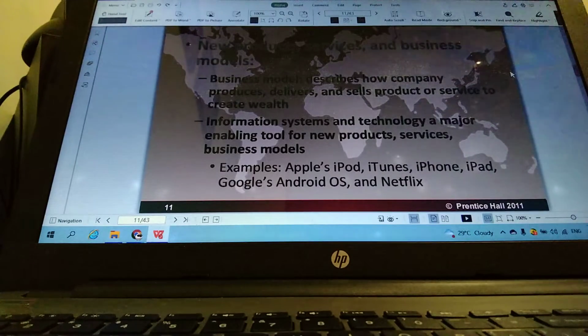Information systems and technology are also a major enabling tool for new products, services, and business models. Like I mentioned earlier, there are many new companies that we know today which we had never heard of 5 years ago.